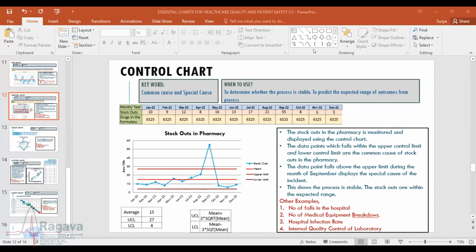Only after the NABH standards came do we have at least standards overseeing the quality of organizations. Data is being collected only over the past 10 years. Using all the statistical tools, we are again getting one form of quality into healthcare. So we are still looking forward to the future. That is what I am saying.